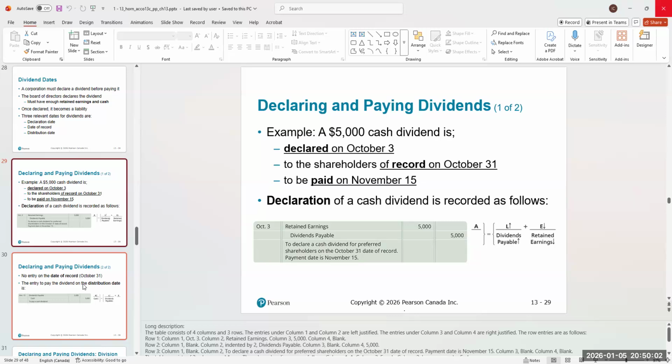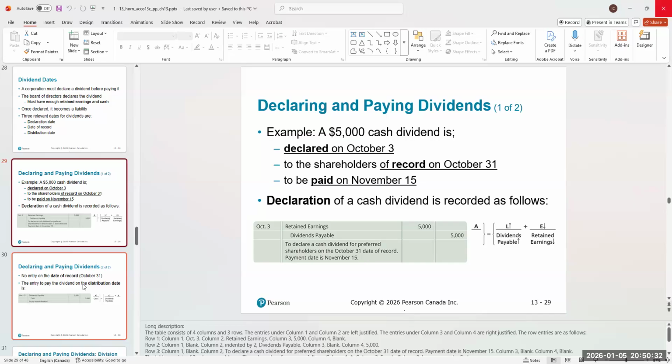So we have the three dates. The first day is the declaration date, which is October 3rd. What they did was declare that they're going to pay a $5,000 cash dividend. Second, we have the date of record. The date of record states that only the shareholders who are on the list of shareholders on October 31st will be the ones who get part of that $5,000 cash dividend.